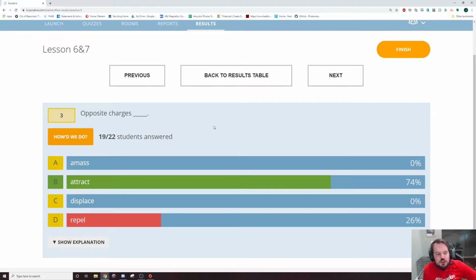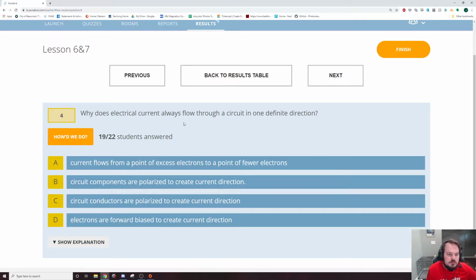Opposite charges attract. Why does electrical current always flow through a circuit in a definite direction? So it's like air pressure or any type of pressure, water pressure. Things want to flow from an area of high pressure into an area of low pressure. And that's what electricity does.